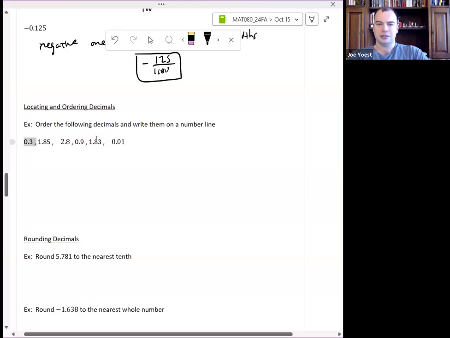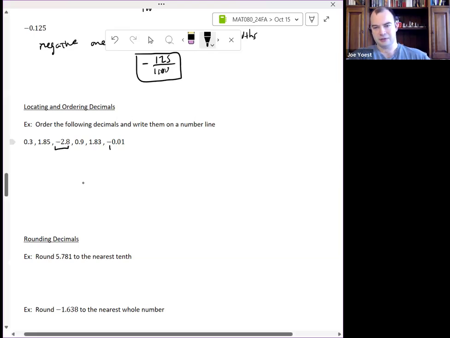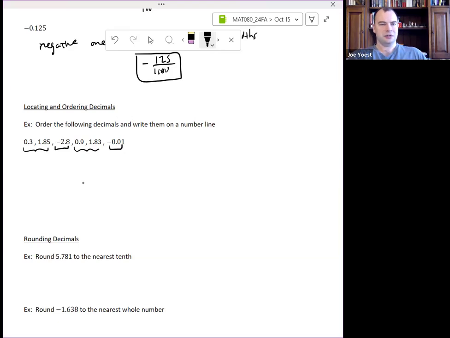Okay, let's look at these handful, these 6 or so decimal numbers. Let's write them in order from smallest to largest, and then let's write them on a number line. Well, the first thing I might notice is I have some that are negative and others that are positive. Negative any number is going to be less than positive any number.